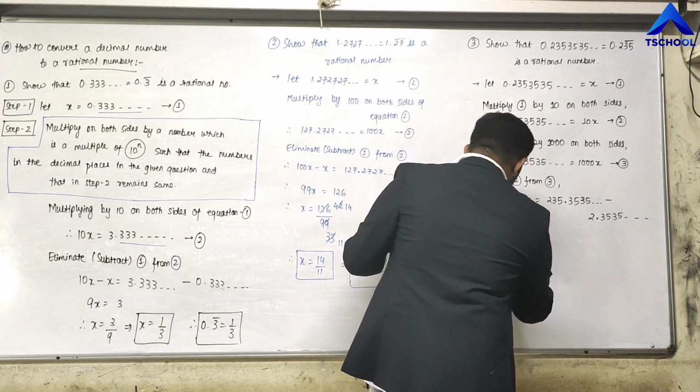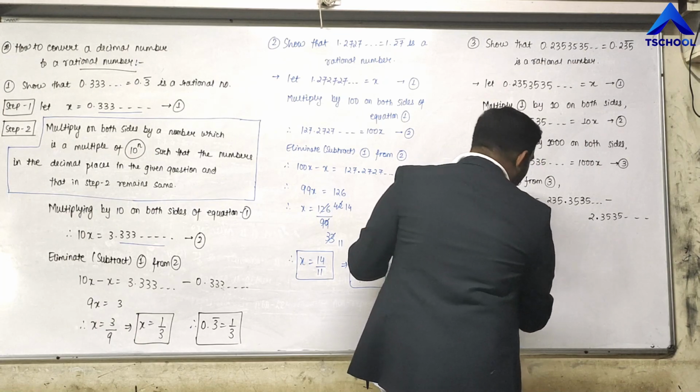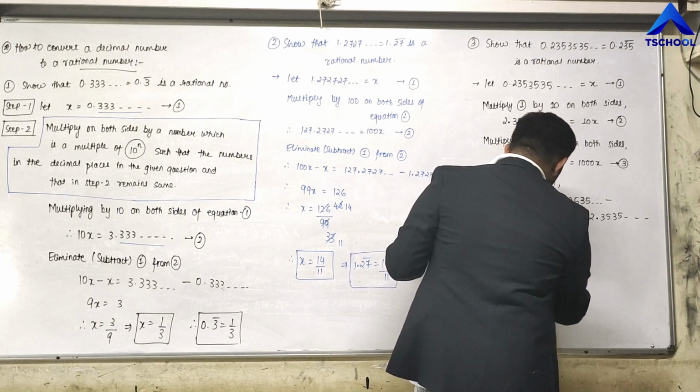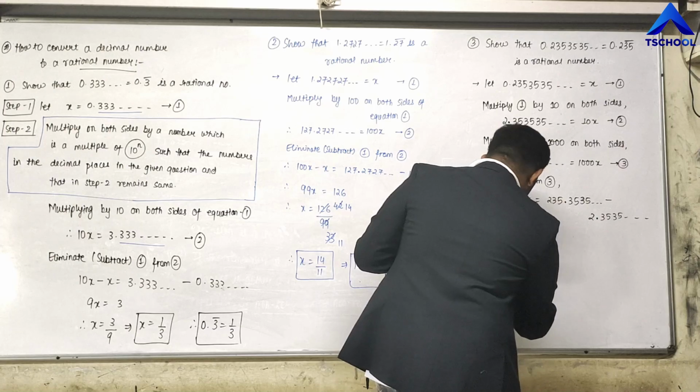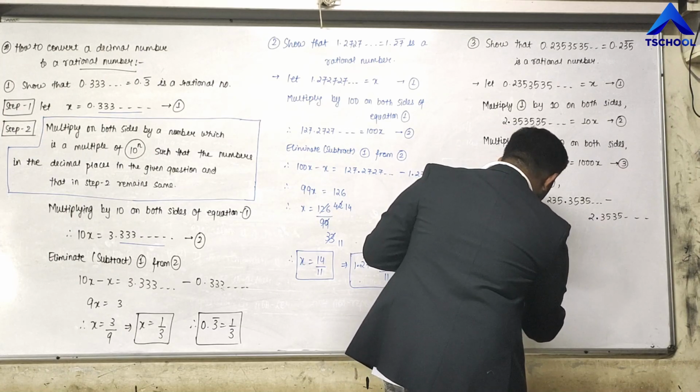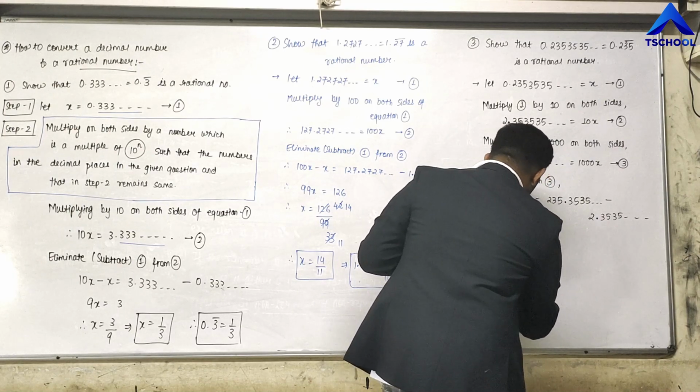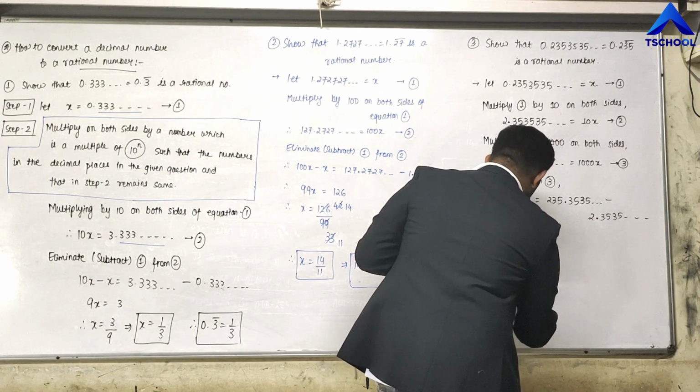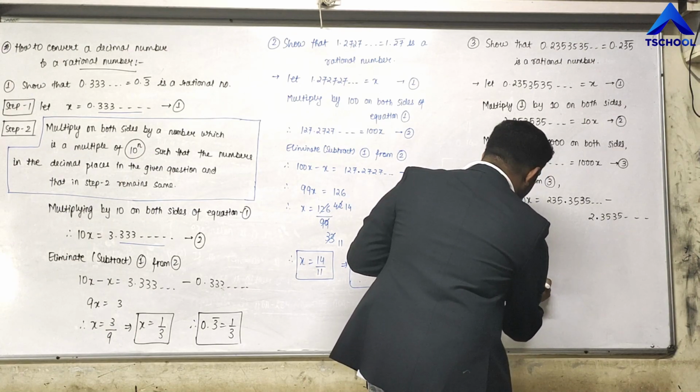Hence we get 990x equals 233, and hence x equals 233 upon 990. Is it clear, friends?